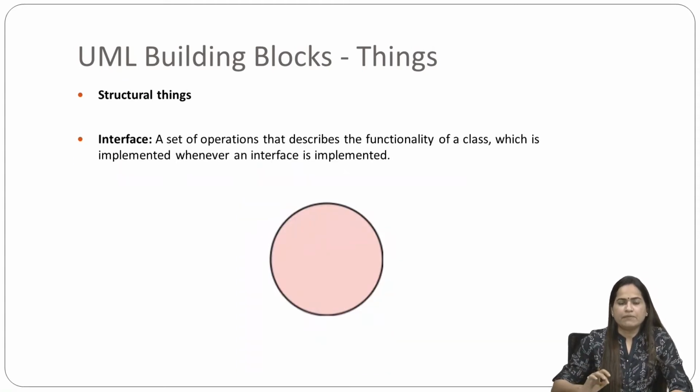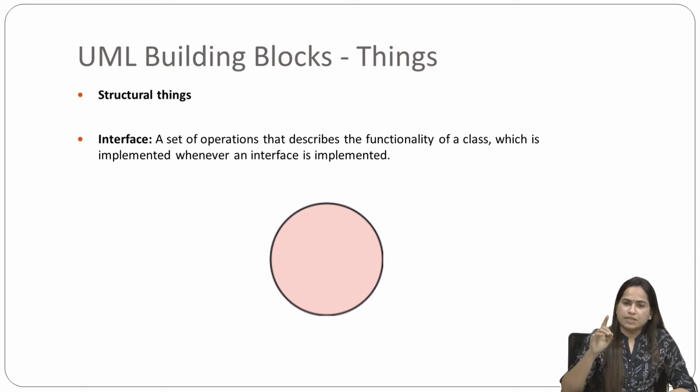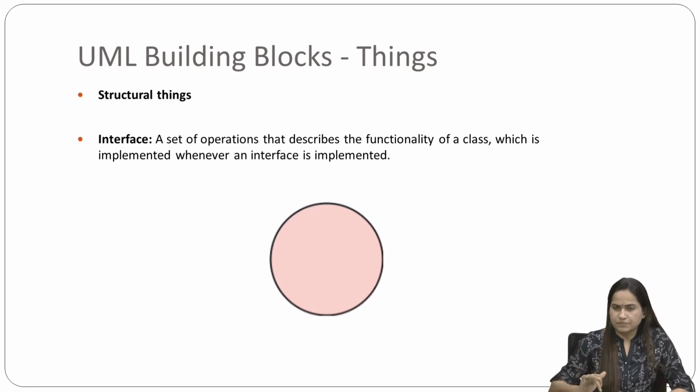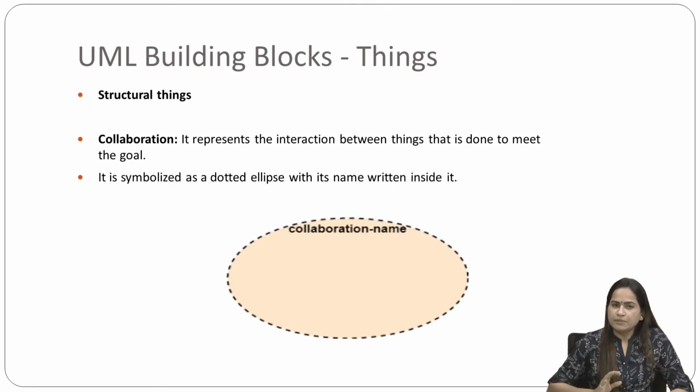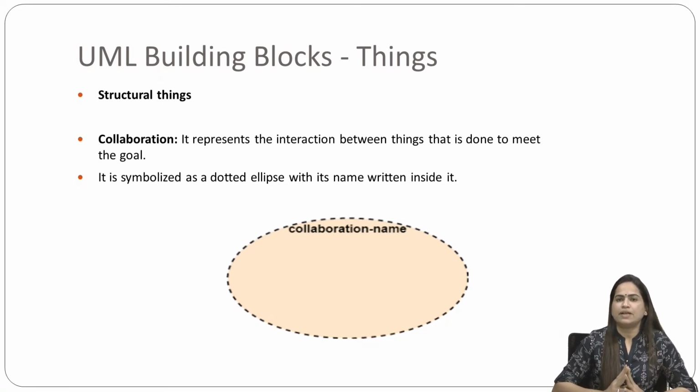Then after we have interface. It is a set of operations that describes the functionality of a class, which is implemented whenever an interface is implemented. Its symbol is a circle. This indicates an interface. Then after we have collaboration. It represents the interaction between things that is done to meet the goal.